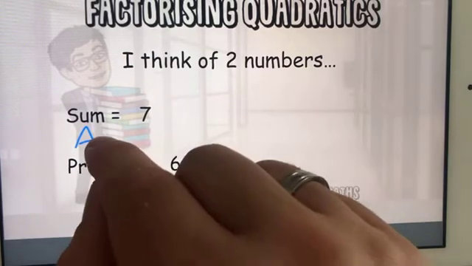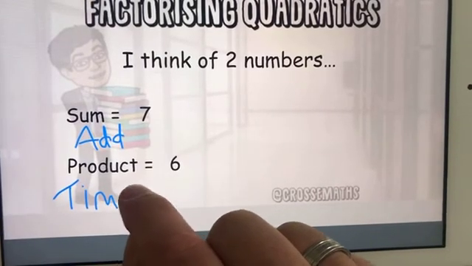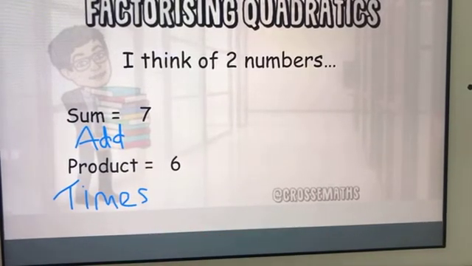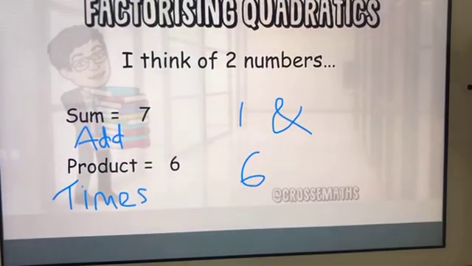They add to make 7, and they times to make 6. My two numbers would have to be 1 and 6. Next one.